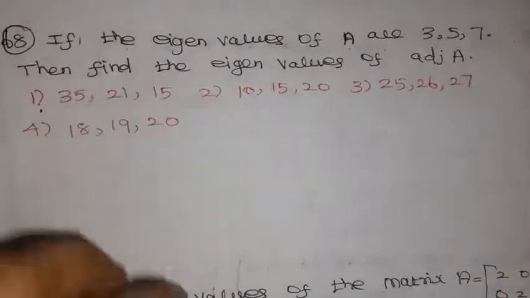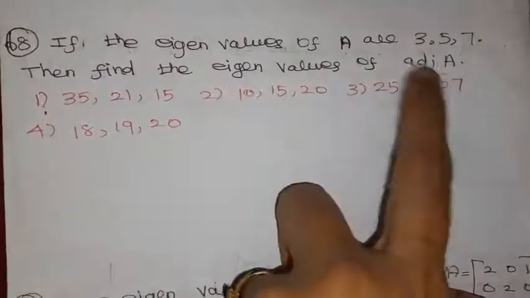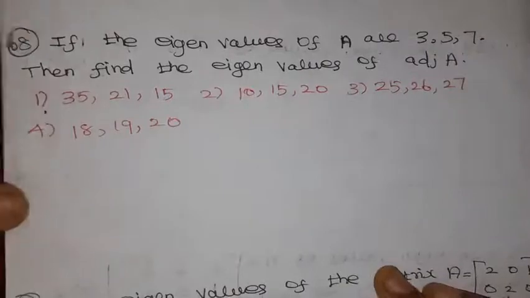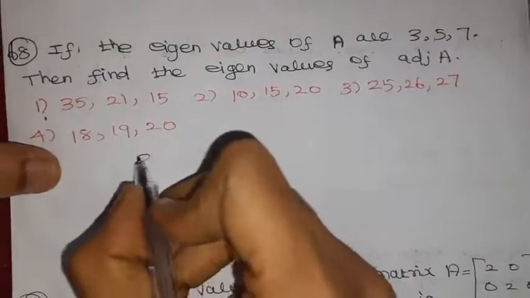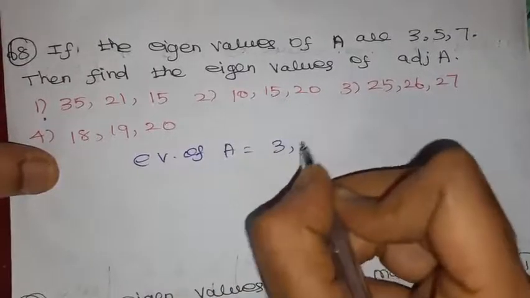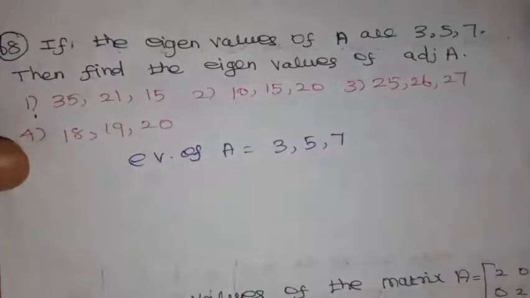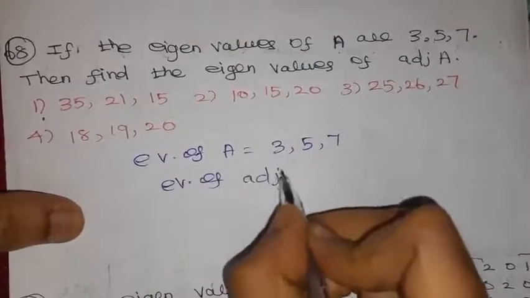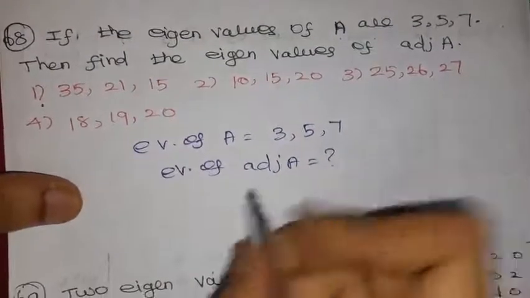Then question number 68. If the eigenvalues of A are 3, 5, 7, then the eigenvalues of adjoint of A. We know already what is given. Let's see how to solve this problem. Eigenvalues of A are 3, 5, 7. Then eigenvalues of adjoint A. What is the relation?